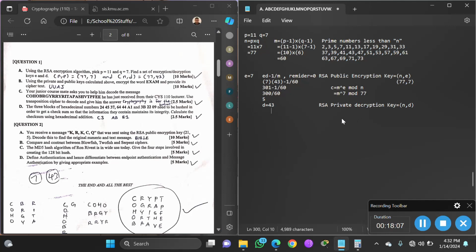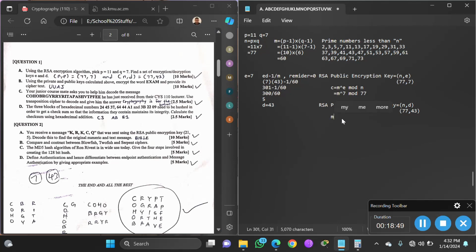For the RSA private decryption key, we need to understand that our N again was 77, then our D is 43 based on what we have found. Now the formula for the RSA private decryption key: it's called private because you are the only one owning it, more like a password. Since we have something in ciphertext that has been encrypted, we want to obtain it in its original format, which was the plain text.